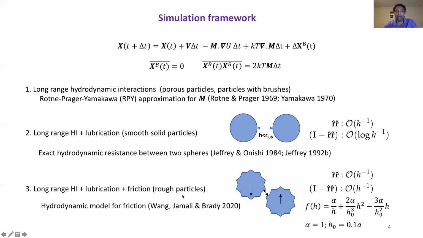And the third module simulates the rough surfaces of the particles, in which we implemented John Brady's hydrodynamic friction model along with the long-range hydrodynamics and lubrication. The idea here is when the rough surfaces are sliding over each other, locally the fluid is still getting squeezed.